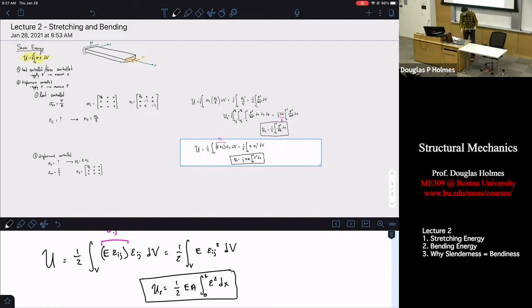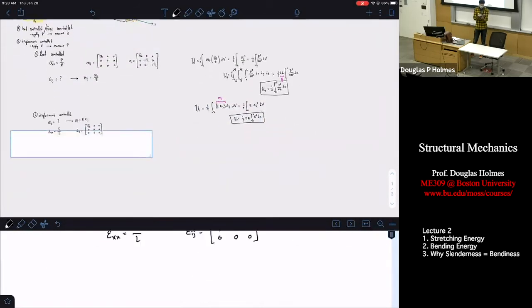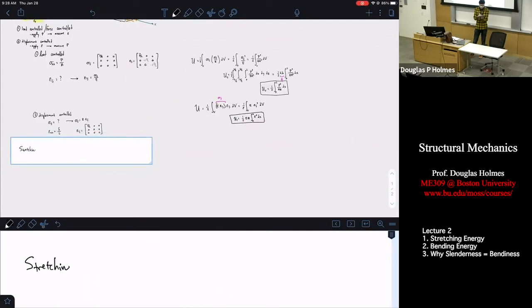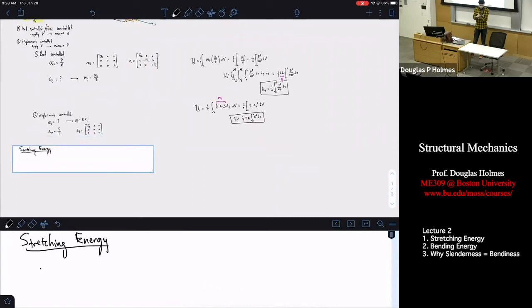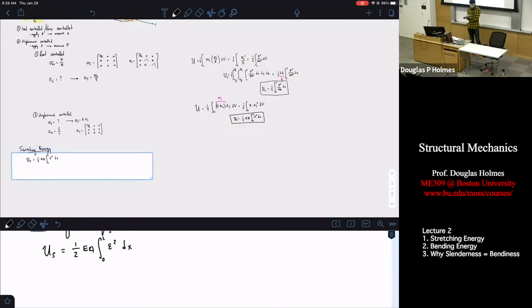So now there's two ways to look at the strain energy in stretching. Just to summarize, you can write that your stretching energy is equal to 1/2 EA times your strain squared dx, or your stretching energy is equal to 1/2 EA times your force squared.